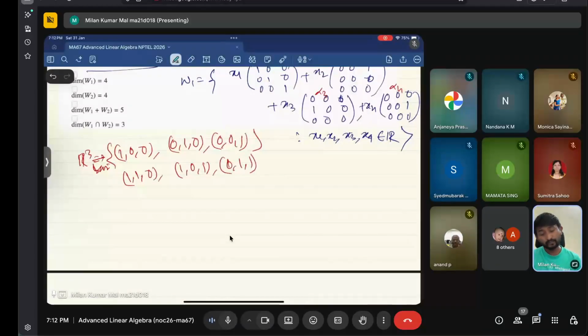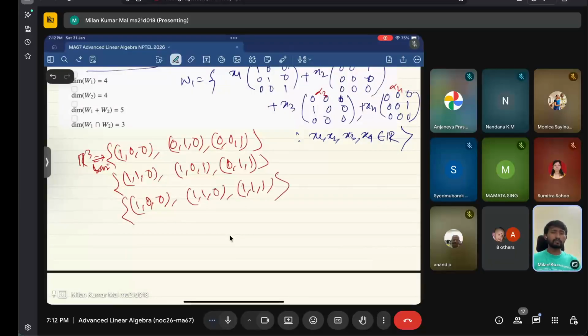This is again a basis. You can take 1, 0, 0, 1, 1, 0, and 1, 1, 1. This is again a basis. In this way you can construct many bases. But whatever basis you construct, the number of entries in that basis will always be fixed. That is a theorem that one can very easily prove. It is not very hard, but I will not prove it.